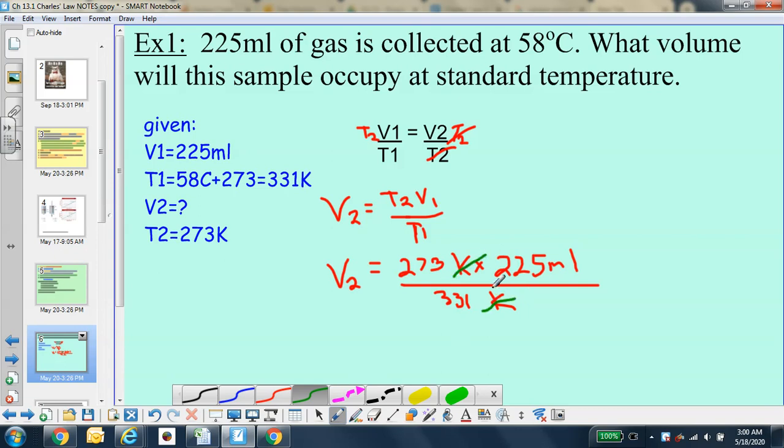Kelvin units cancel. Take your calculator, take 273 times 225. Divide by 331.